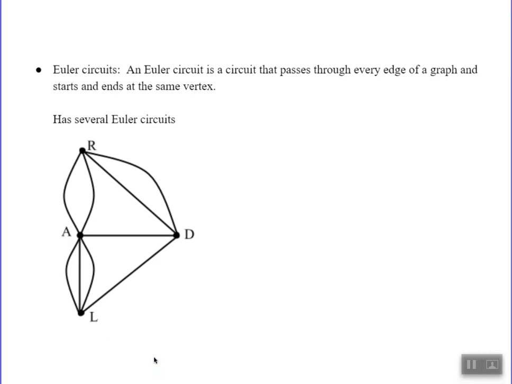I'm going to start at R. So if I start at R, I should also end at R. Well, I started and ended at R and traveled across every vertex. Not every vertex, every edge. Sorry. So I have an Euler circuit.